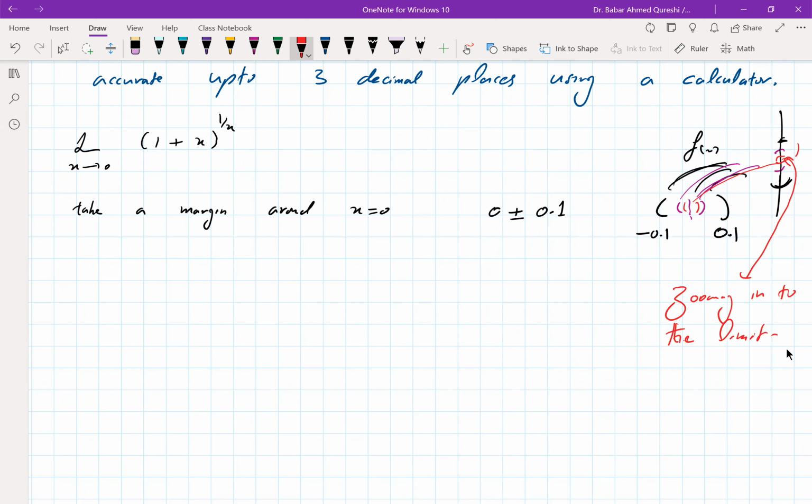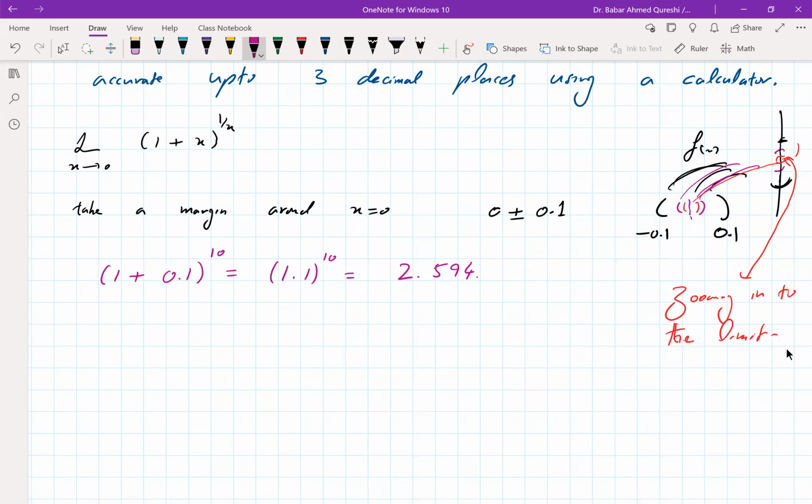So let's try this. So what I'm going to do is compute 1 plus 0.1 to the power 1 over 0.1, which is 10. So essentially 1.1 to the power 10. And that gives me, when I put it in the calculator, 2.594.